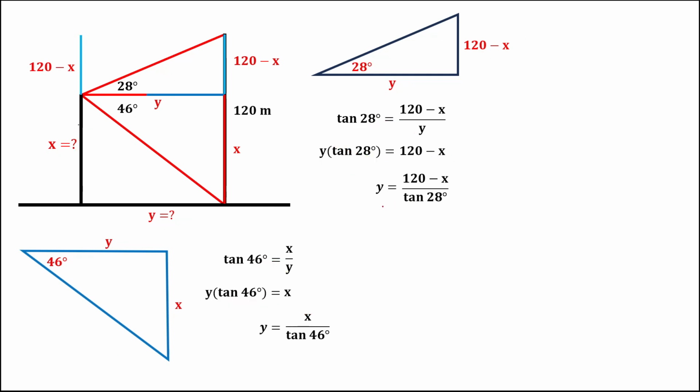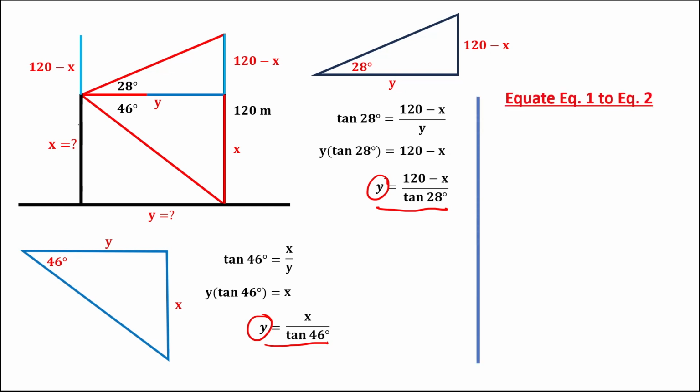Then observe from these two equations, we have the same variable, so we can equate these two equations. So equate equation number 1 and equation number 2. From equation number 1, that's (120 minus x) over tangent 28 degrees. This is equal to equation number 2, that's x over tangent 46 degrees. Then to simplify, cross multiplication.